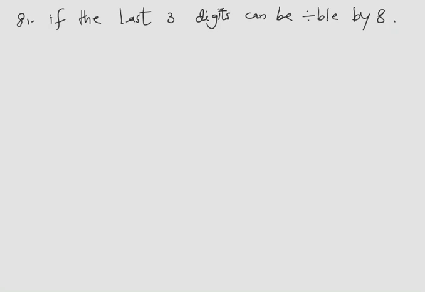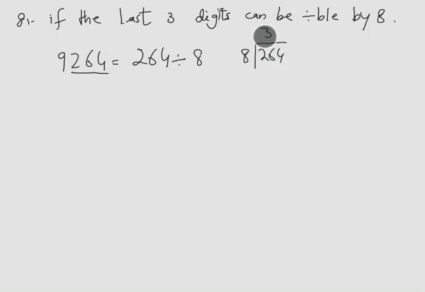For example, if we take 9264, the last 3 digits are 2, 6 and 4, divided by 8. So 8 threes are 24. 6 minus 4 is equal to 2, and 2 minus 2 is equal to 0. The next number is 4. So 8 threes are 24. So 264 is divisible by 8. So this complete number will be divisible by 8.